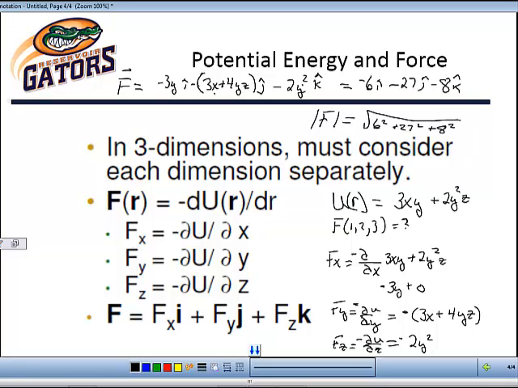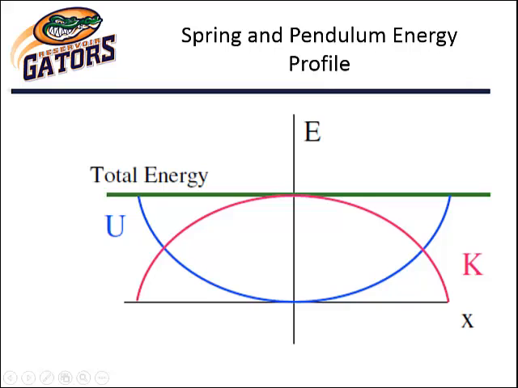Okay, next up. We're going to actually look at potential energy functions and determine things like the kinetic energy at a location, the total energy of a system, based upon what we know about how the potential energy behaves. Well, on this diagram here, potential energy is the blue. And this is for either a pendulum or a spring. They have a similar potential energy type graph.